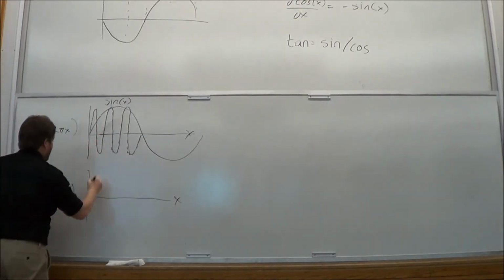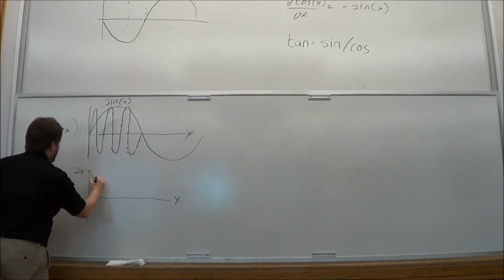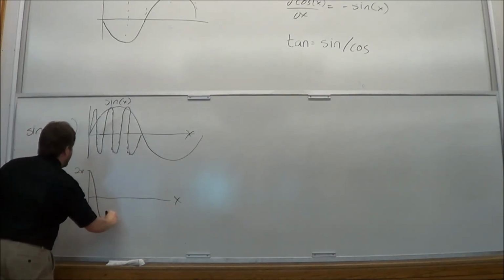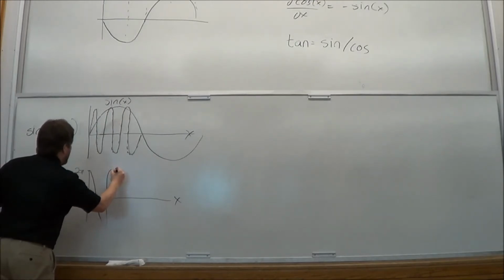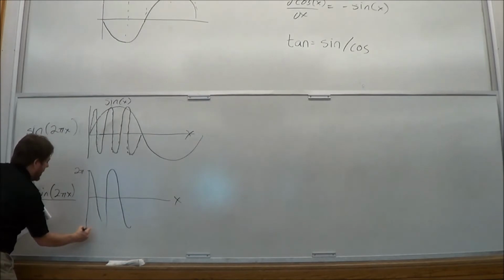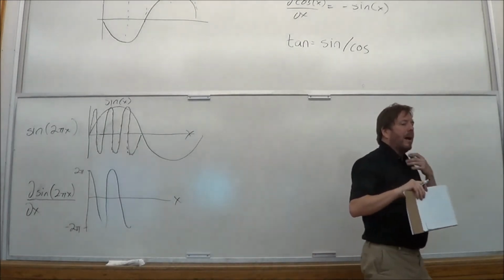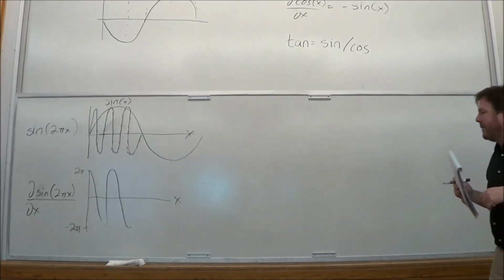We have a rise and then it stops, and the slope happens to be 2 pi. So again, the periodicity is the same, but the slope is magnified by the interior factor, 2 pi.